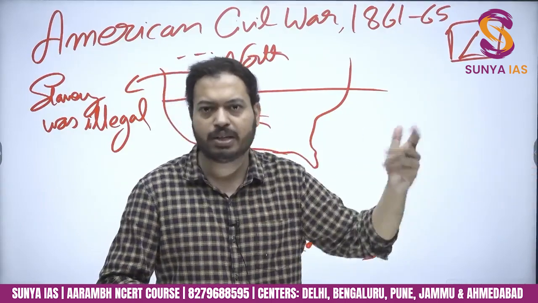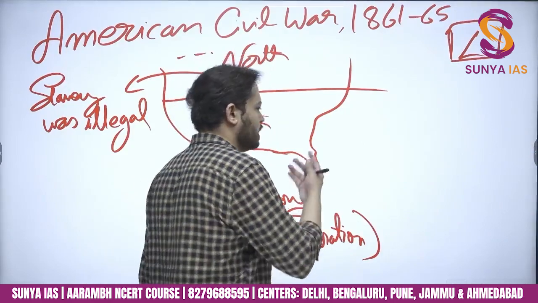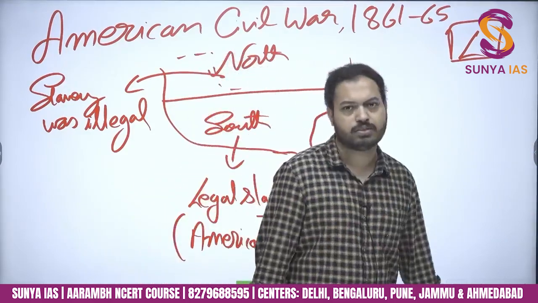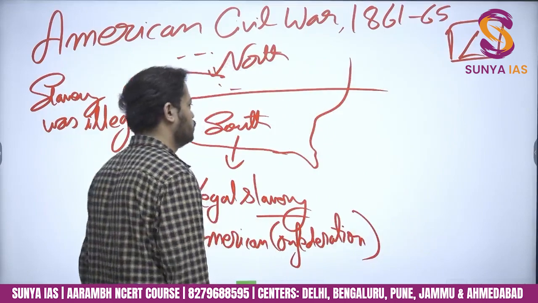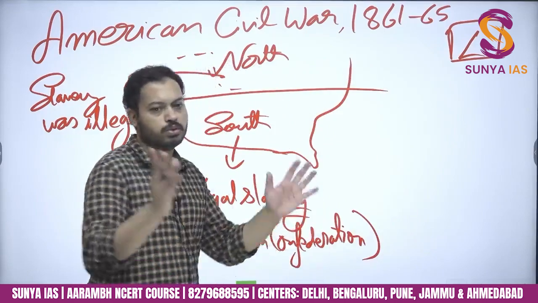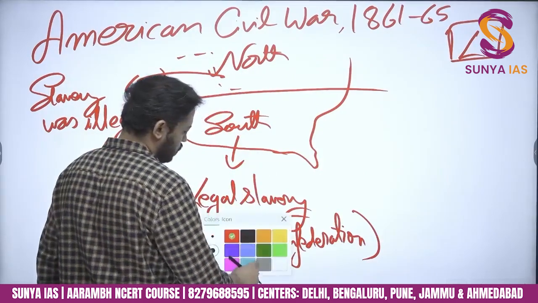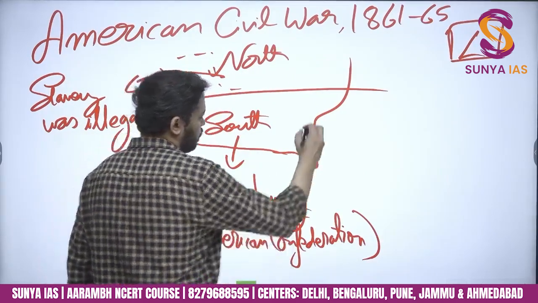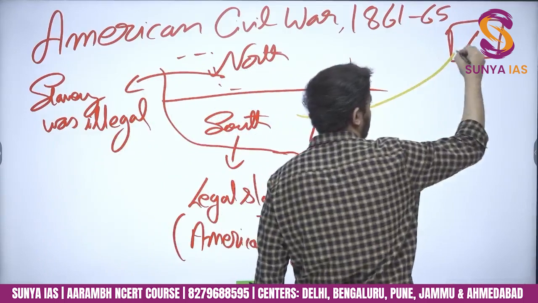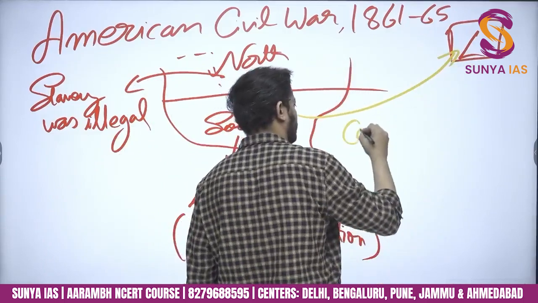States like South Carolina, North Carolina, Alabama, Georgia were doing a huge amount of cotton production. And all this cotton was sold to the British factories.